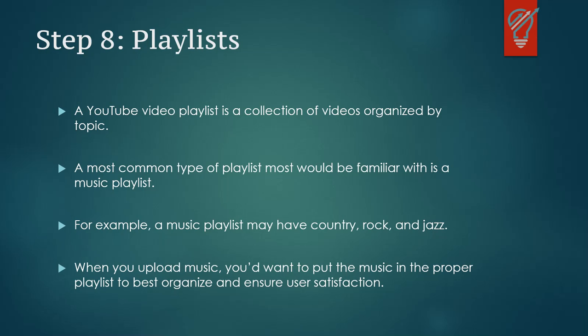You probably have 8 different types. Well, if somebody comes to your channel because they're listening to country music, chances are they'd want to listen to another country music song next. And if you put it in a playlist, you can keep them on that same playlist where they'd have the same commonality. And that's kind of what you want to do with your YouTube channel, is categorize it using playlists.